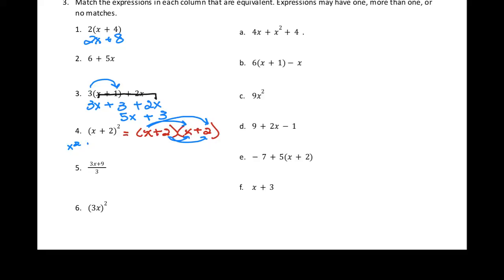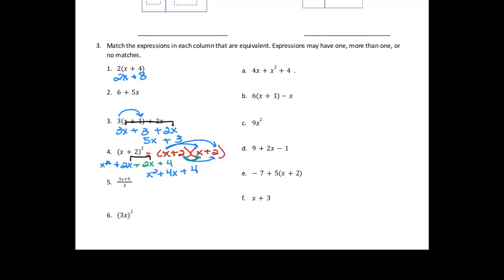X times 2, putting the coefficient first, is 2x. And then underneath, 2 times x is another 2x, and 2 times 2 is 4. Here are my like terms. And so my final answer is x squared plus 4x plus 4. So right now, I'm not even matching. I am just simplifying all of these expressions.